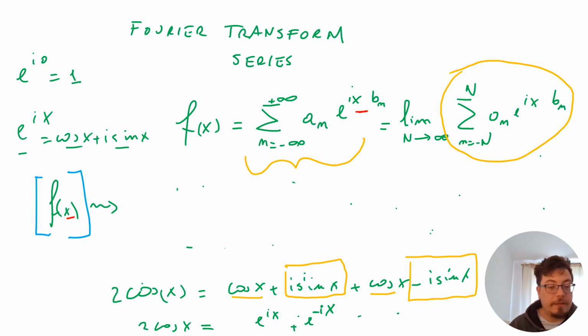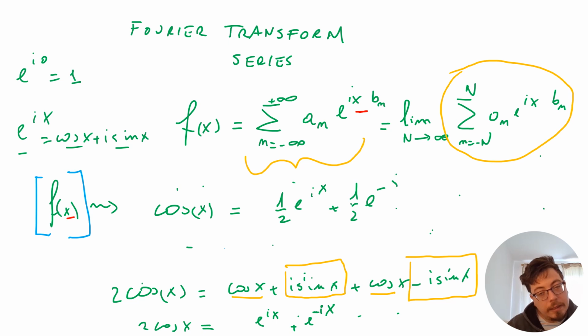A very, very easy Fourier transform because it's made out of only 2 components. So the sum is super easy. It's 1 over 2 e to the ix plus 1 over 2 e to the minus ix, which basically is just two components, for n equal 1 and minus 1, and the component with n equal to 0 is 0.